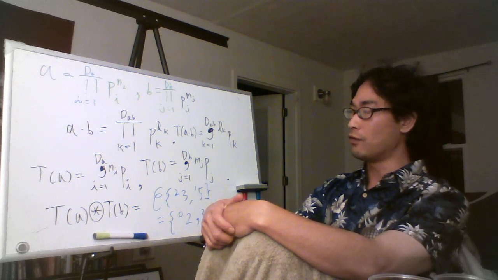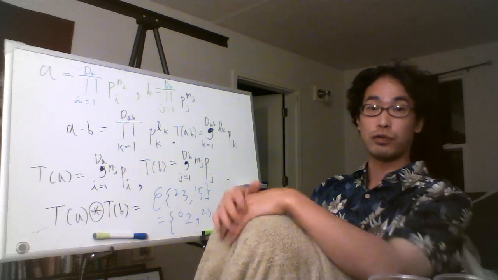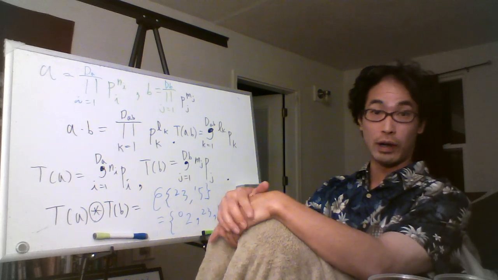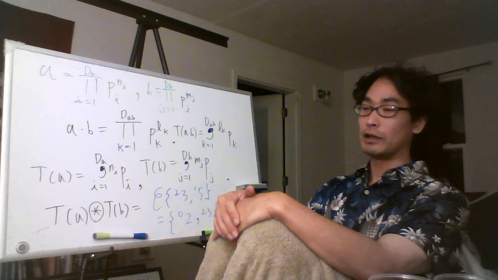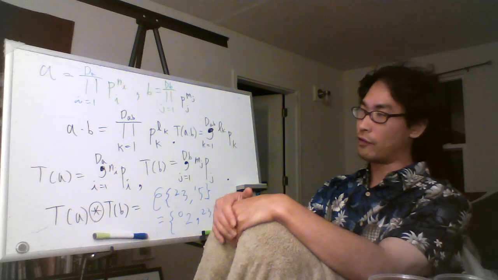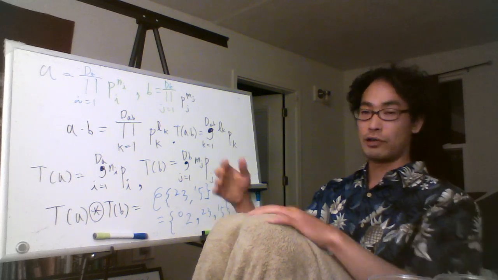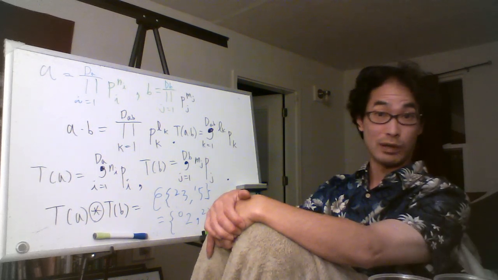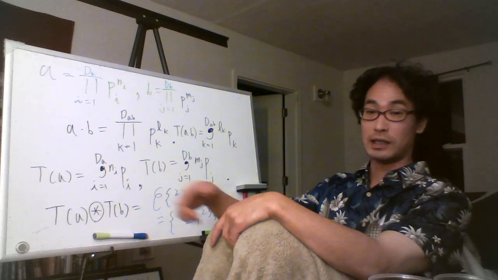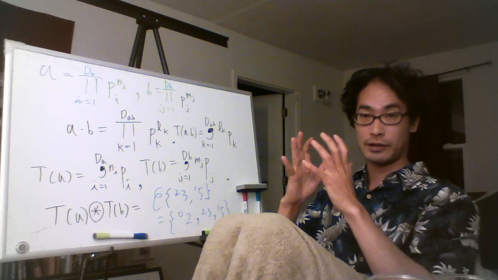And the T function is expansion. T of 12, we break them down. We expand one number 12 into 2 comma 2 comma 3, two twos and 3. 4 times 3 is 12, right? The tau function is the contraction function. It contracts 2 comma 2 comma 3, we multiply them all together, and it becomes 12. Tau is the inverse of T. T is expansion, tau is contraction.